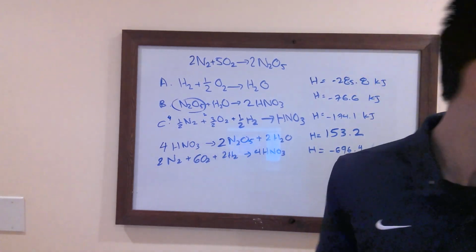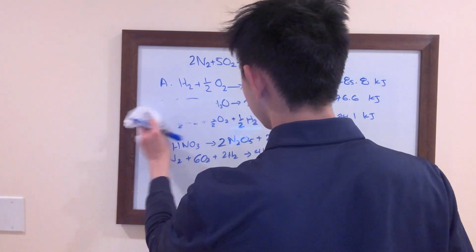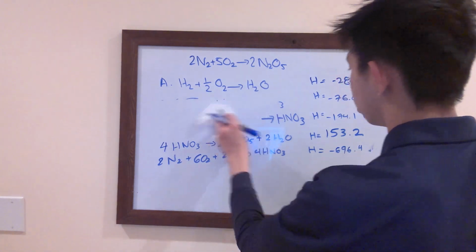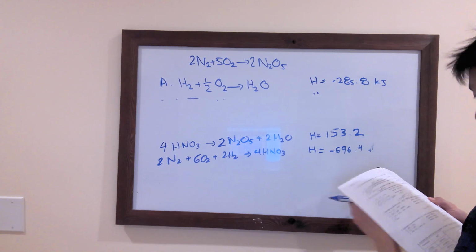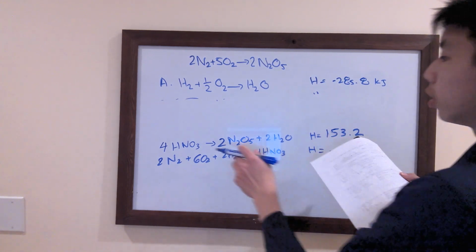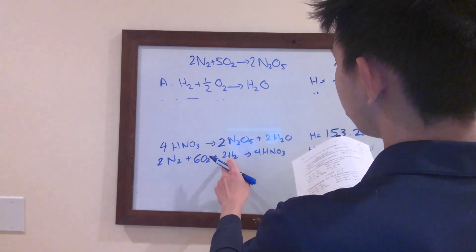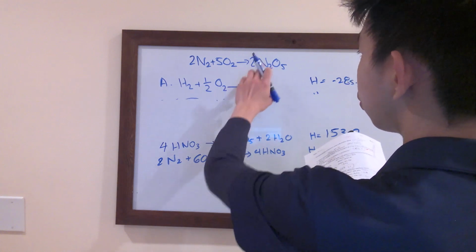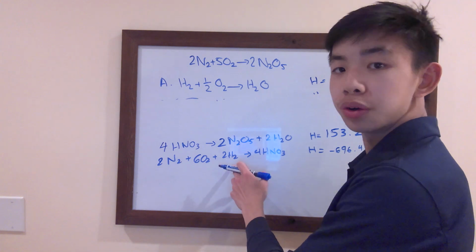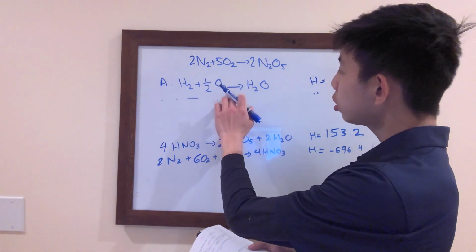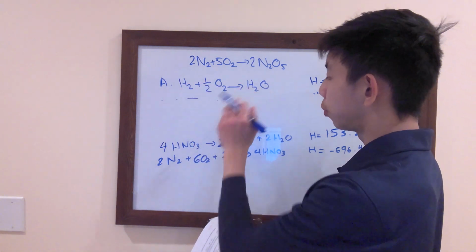Oh, hold on, I can just erase B and C. Right. So look, right now there's an H2 on the reaction side, and this equation doesn't have an H2. So because of that, we need to cancel out this 2H2. And the only way to do that is by flipping this one and multiplying by 2. So we can get this H2 one that's on the product side.